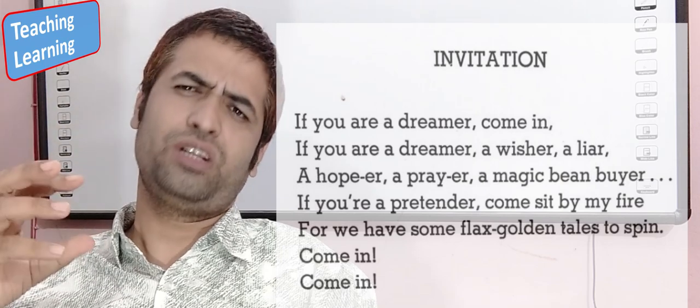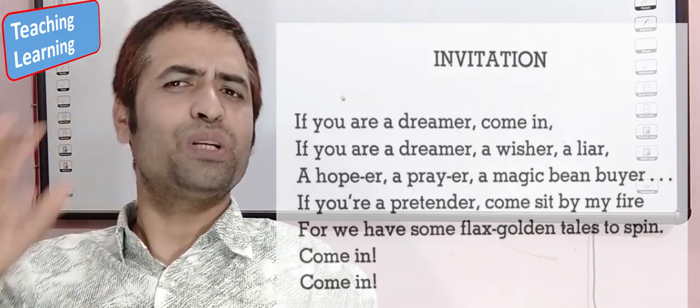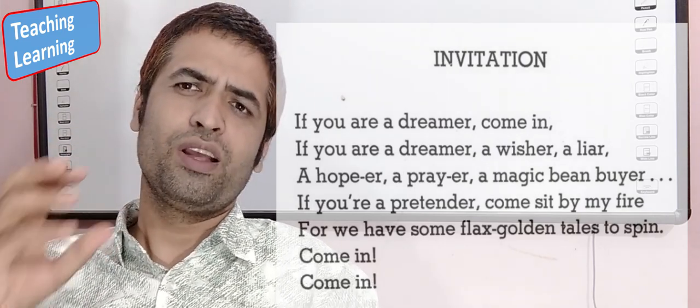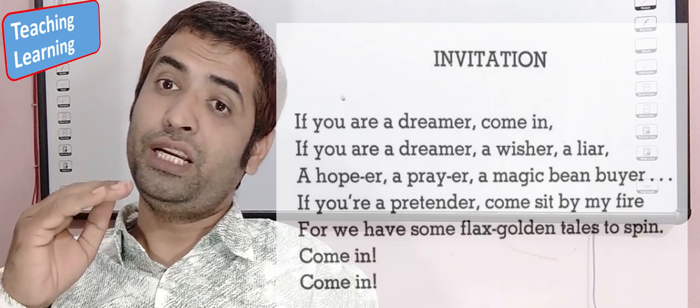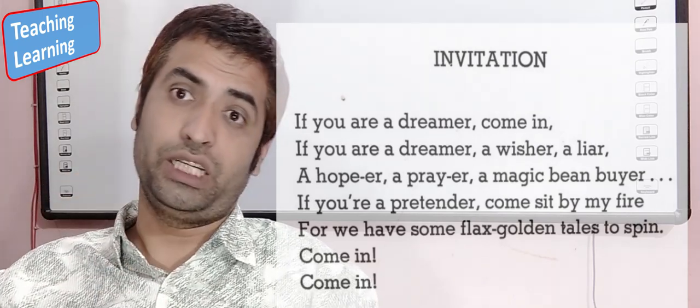We are jealous, we sometimes cheat, we sometimes tell a lie, we sometimes deceive our relatives, friends, or somebody else. But literature is the common ground where we can go together.